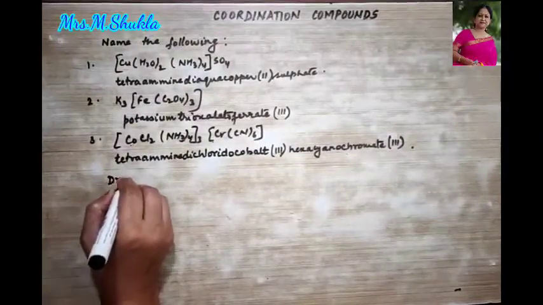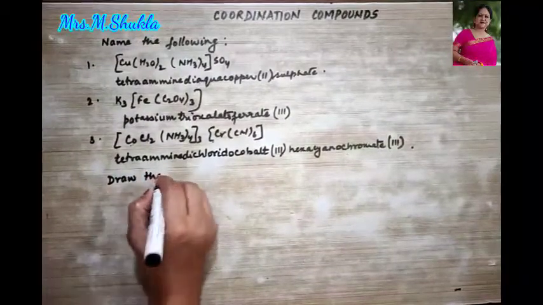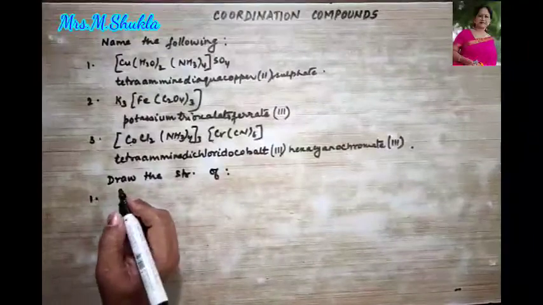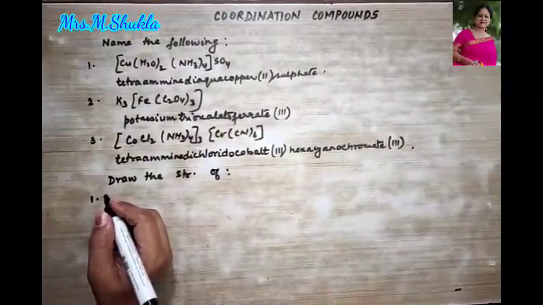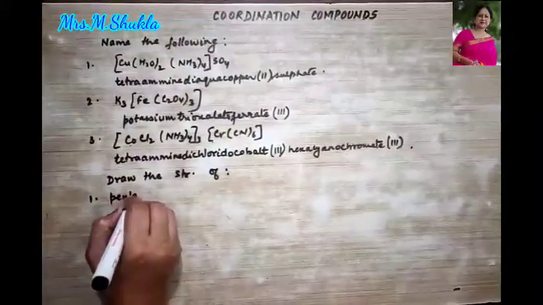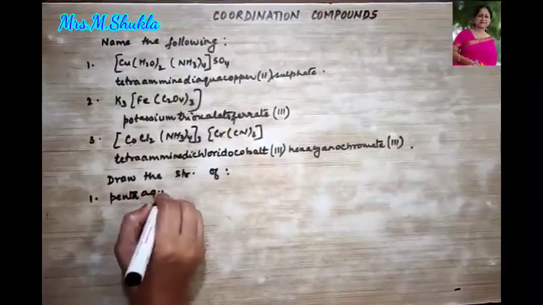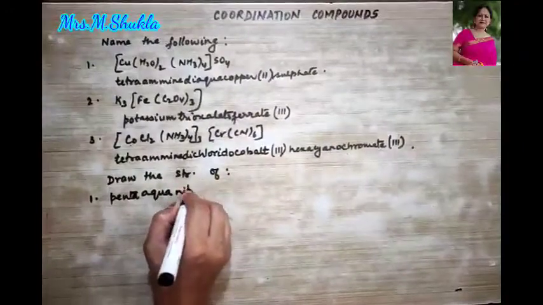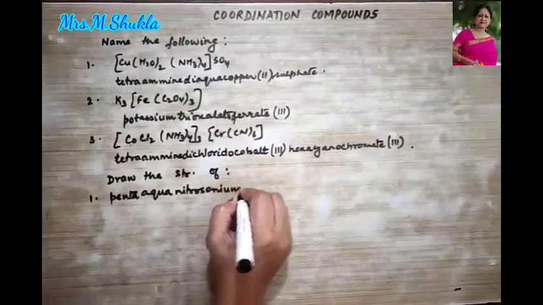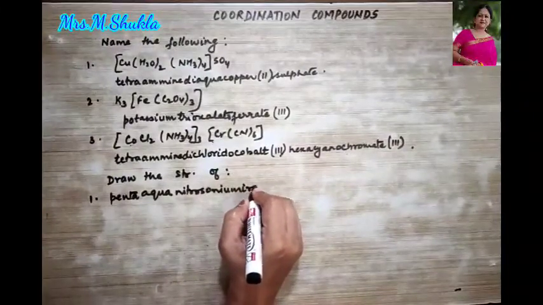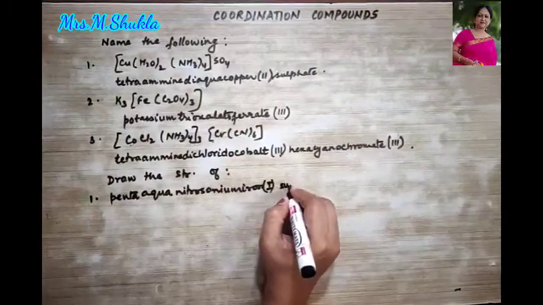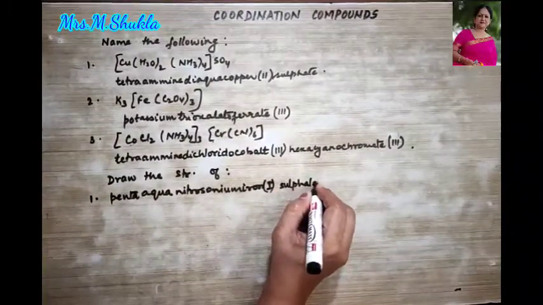Now draw the structure of number 1. Let's take for example pentaaquanitrosoniumiron(I) sulfate.